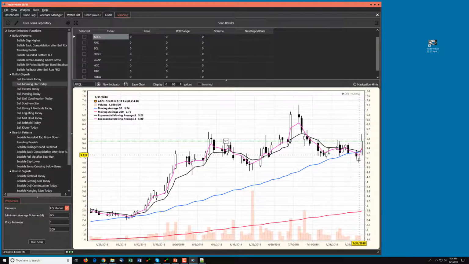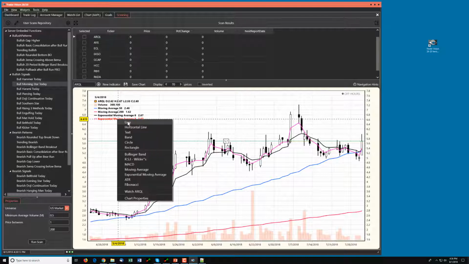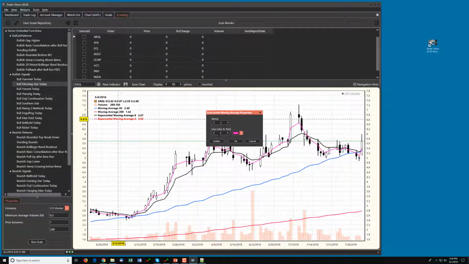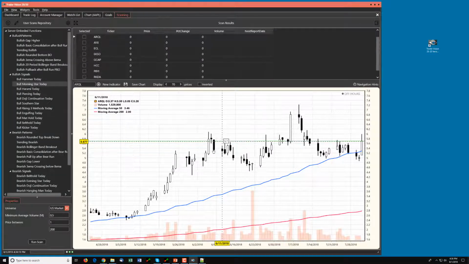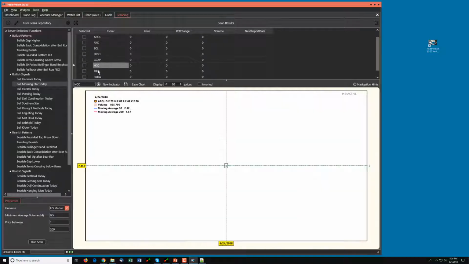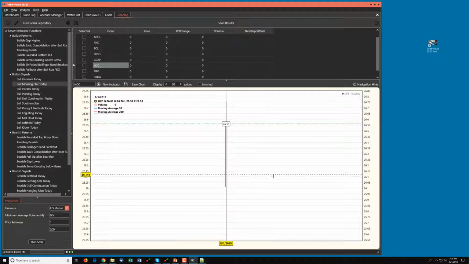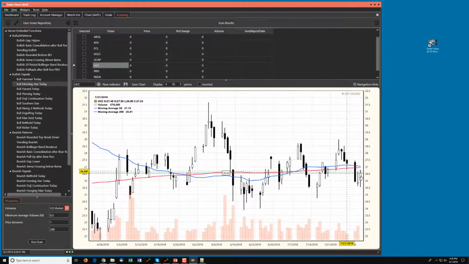Yeah, that's a Morningstar type. Let's get rid of some of these. There, makes it easier to see. I don't remember seeing that one. I'm not sure what HCC is. Oh, okay, it's a Morningstar.